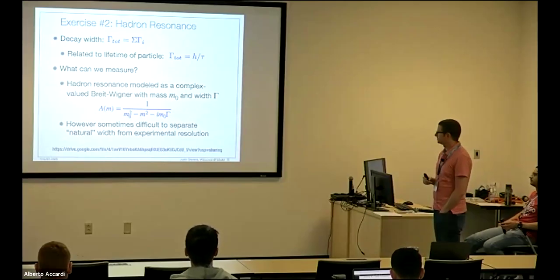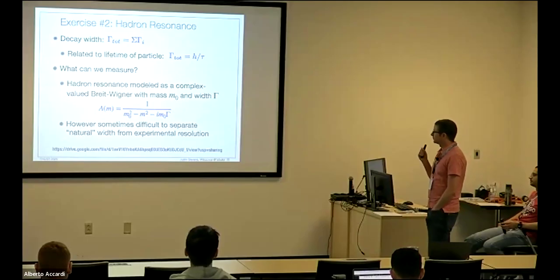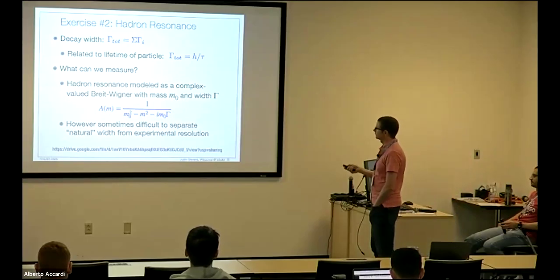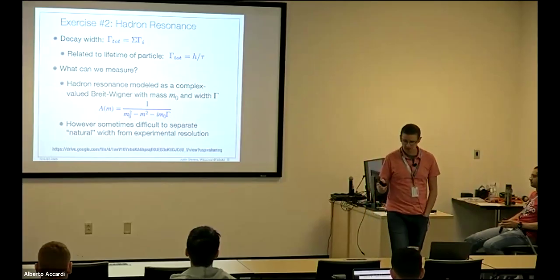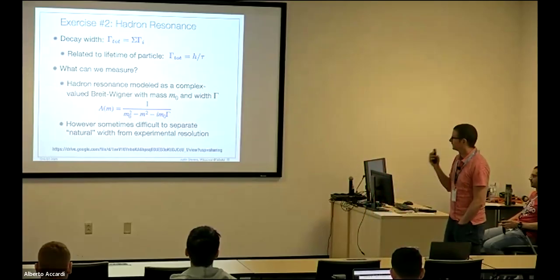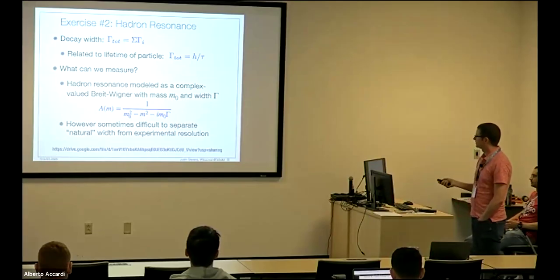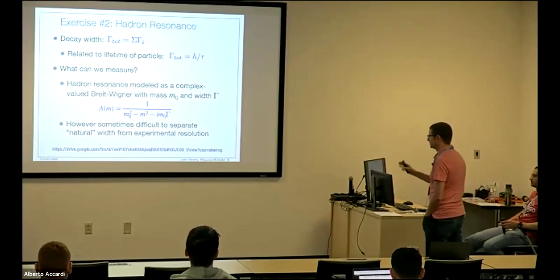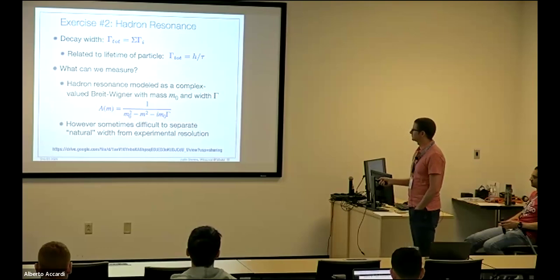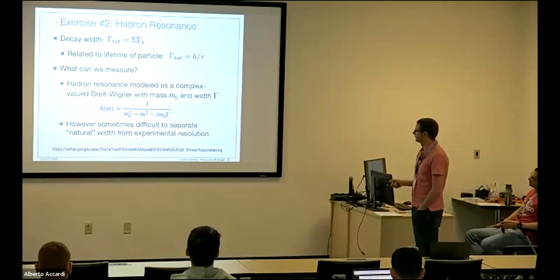So what can we actually measure in the experiment? This gets to the question before the break. We can try to measure the intensity of the observed events as a function of mass, and we need a model for that. The model that we use is called a complex valued Breit-Wigner. There are many more complex models, but this is a rather simple one that we'll talk about.